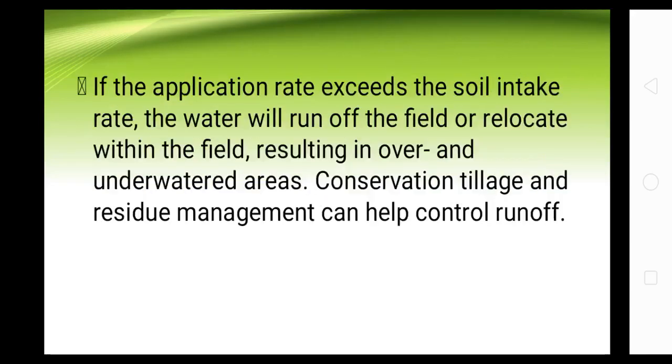If the application rate exceeds the soil intake rate, the water will run off the field or relocate within the field, resulting in over and underwatered areas. Conservation tillage and residue management can help control runoff.